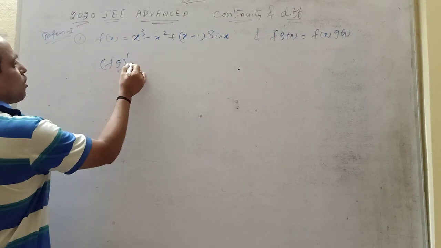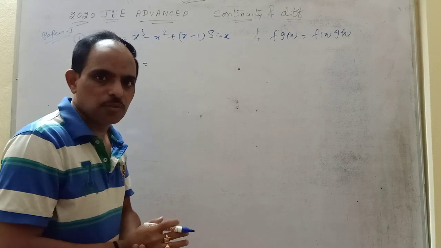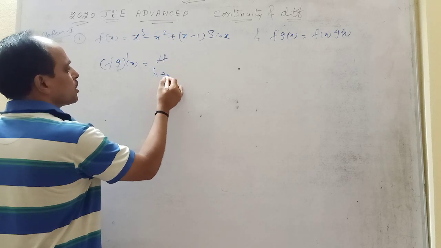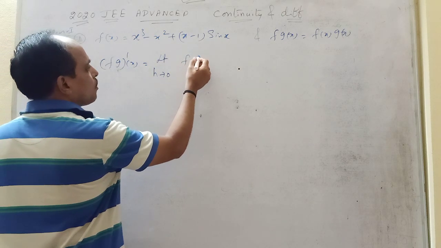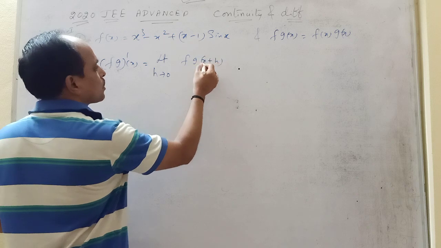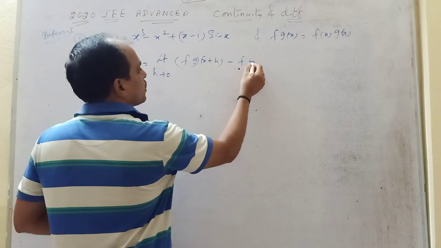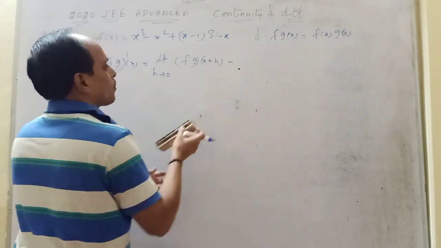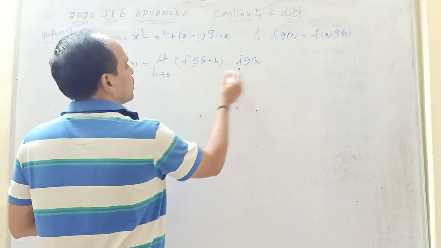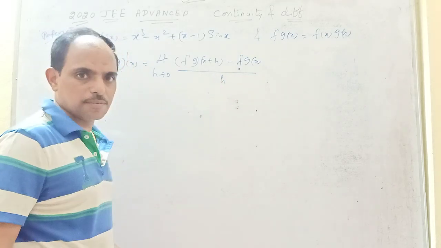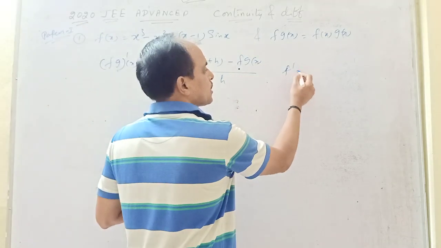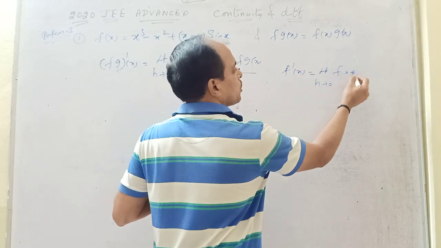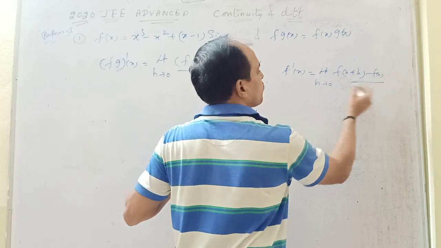What is meant by the derivative fg dash of x? The formula for f dash x is the limit as h tends to 0 of f of x plus h minus f of x, divided by h.